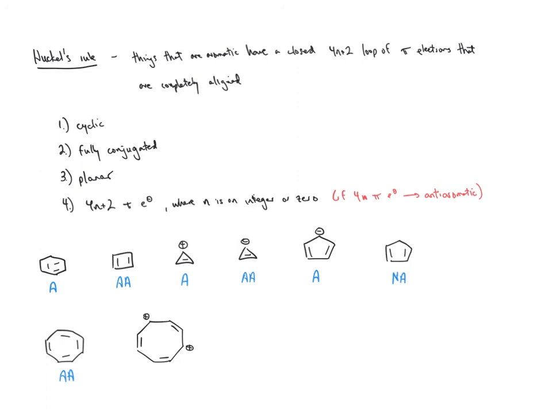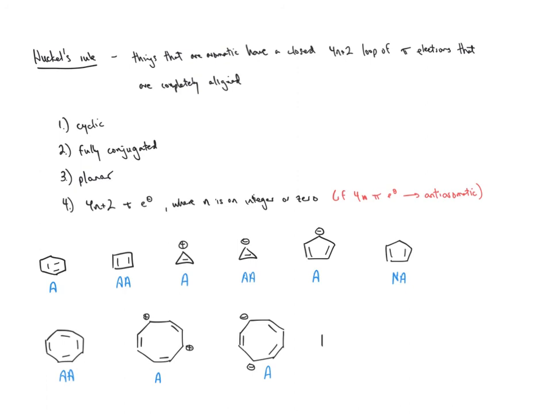It's completely cyclic, fully conjugated, planar, and so it's going to be aromatic. The corresponding dianion is like this. So this has 10 electrons total, and so again this is going to be aromatic, 4n plus 2 pi electrons.